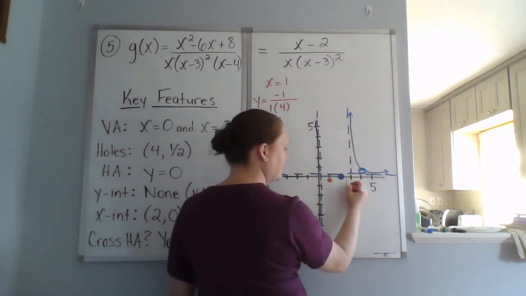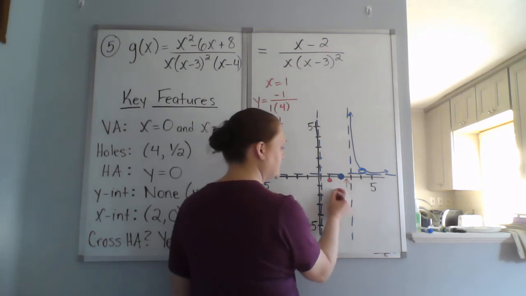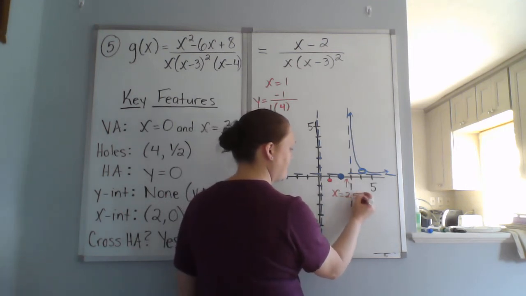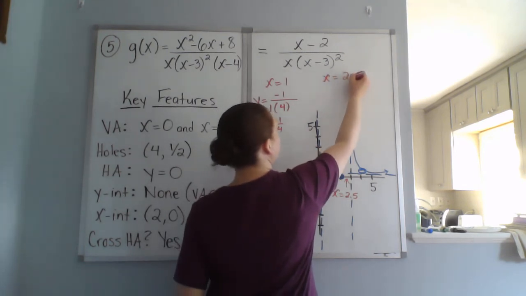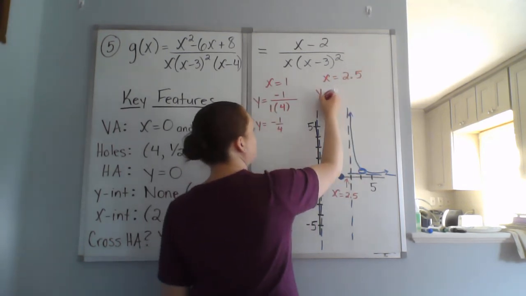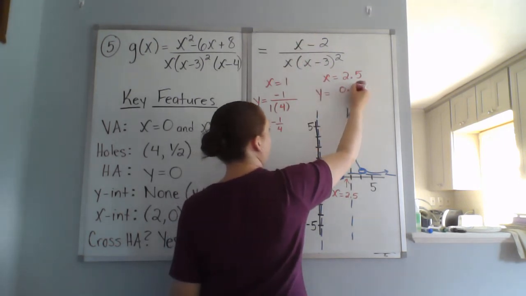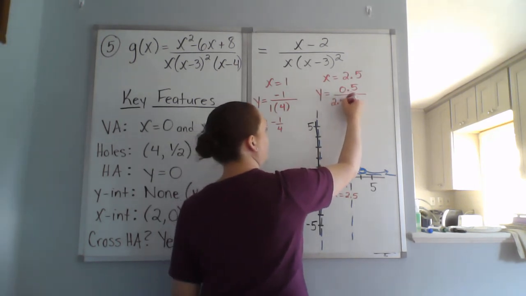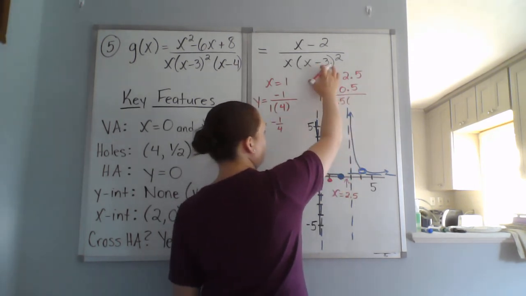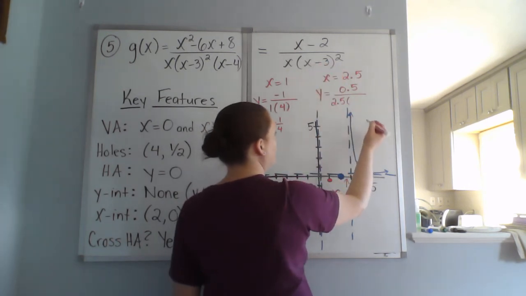So now I need to plug in a number here, and unfortunately I'm stuck between 2 and 3, so I'm going to need to do a decimal. I'm going to do 2.5. Okay. So now I'm going to test x equals 2.5 and see what happens. So that's going to give me y equals 2.5 minus 2 is 0.5 divided by 2.5 for x. 2.5 minus 3 is -1/2. -1/2 squared is 1/4.